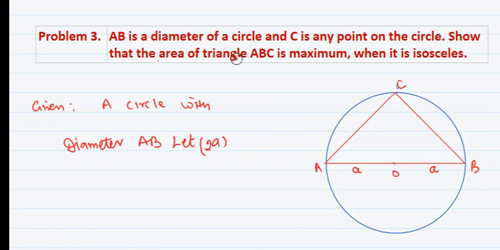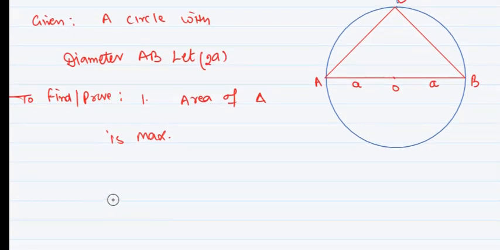Now the next part is to show that the area of triangle ABC is maximum when it is isosceles. So the to-prove part, I hope you understood it very well, is number 1, the area of the triangle is maximum, isn't it? And the second part is the triangle is an isosceles triangle.